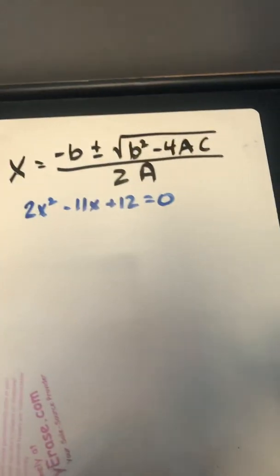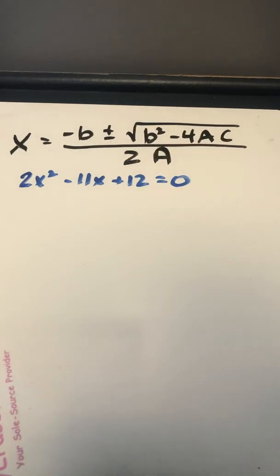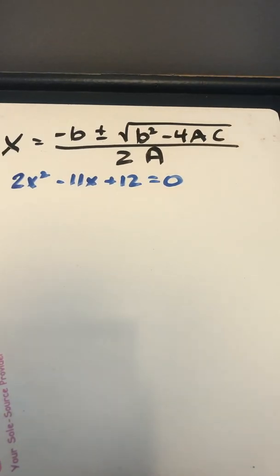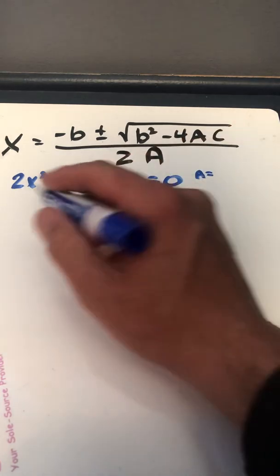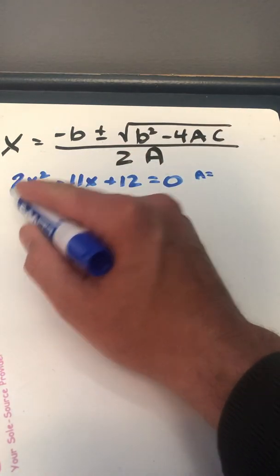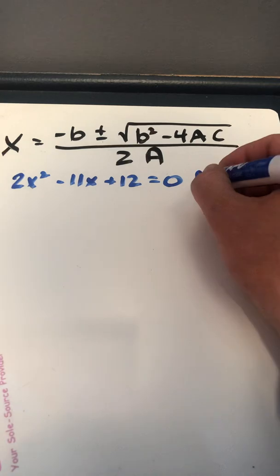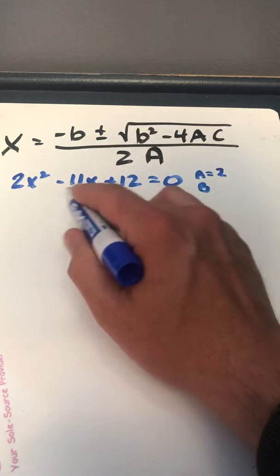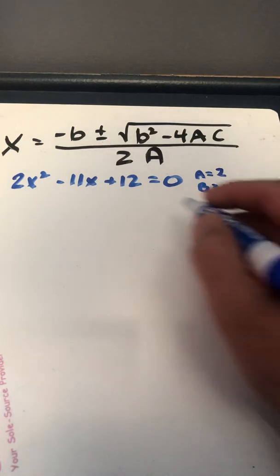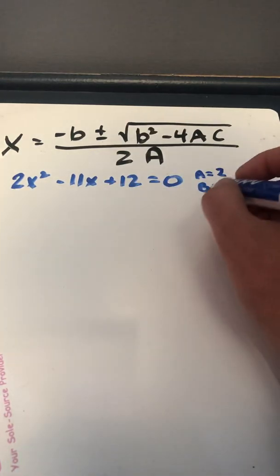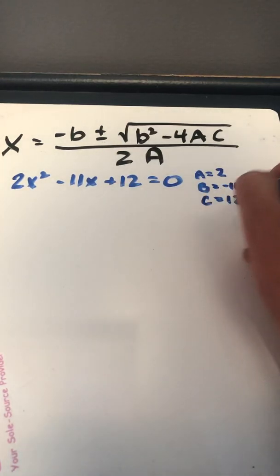So we come back to our equation in question. We're asked to solve this quadratic equation. What we're going to first do is identify a, which is the number or coefficient in front of the x squared term, 2. We're going to identify b, which is the number or coefficient in front of the x term, which in this case is negative 11, and c, our constant term, which in this case is 12.